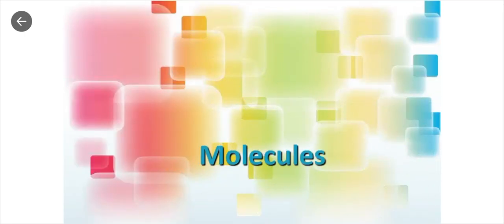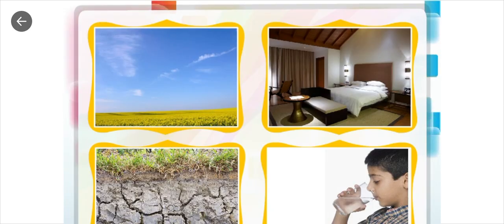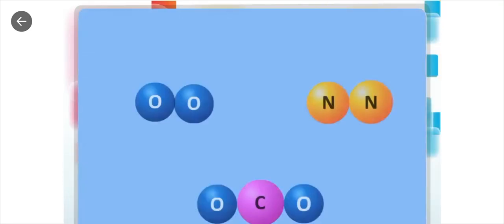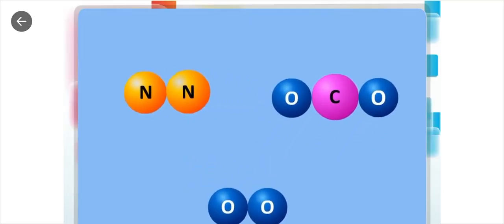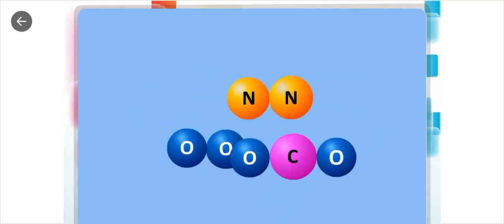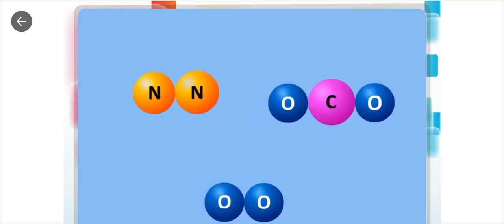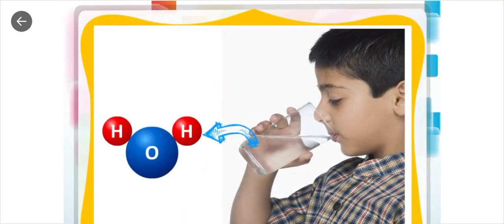Let us discuss molecules. If we look closely around us, we will find that everything around us is made of molecules. For example, the air we breathe contains molecules of oxygen, nitrogen and carbon dioxide, etc. Do you know? Water we drink contains water molecules.